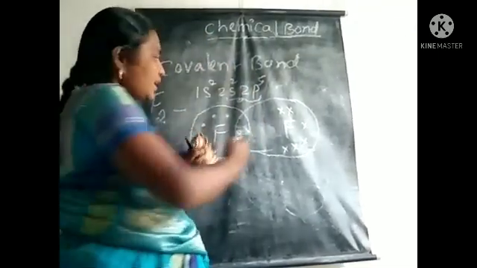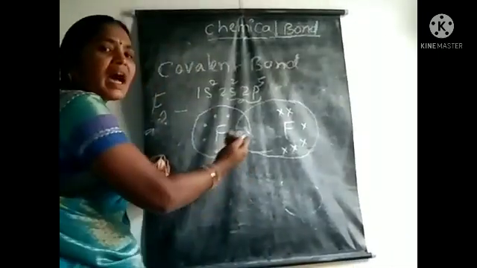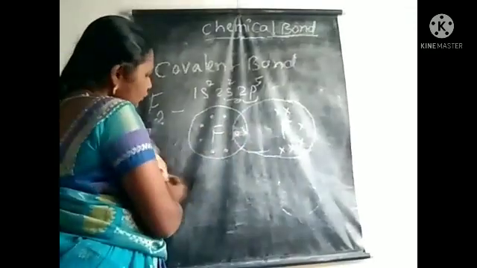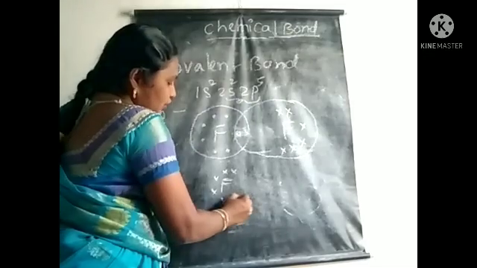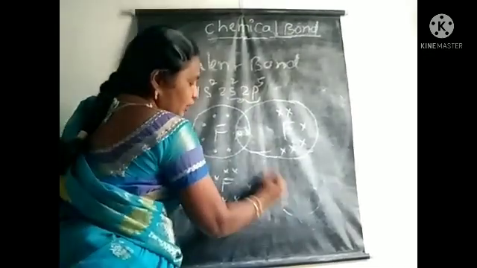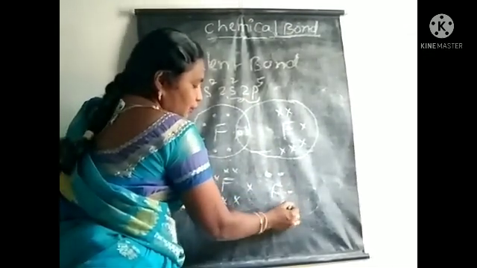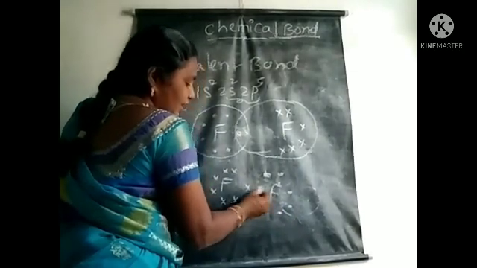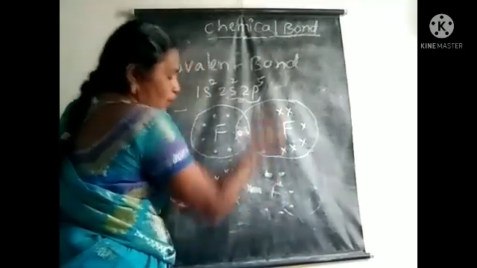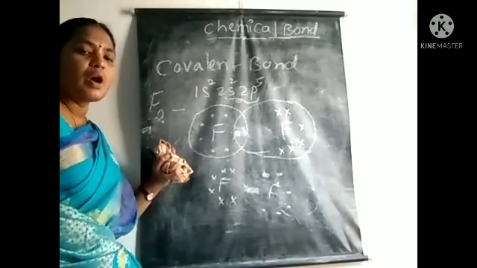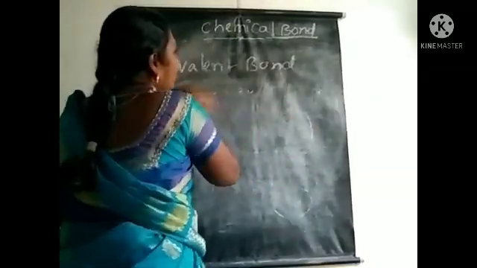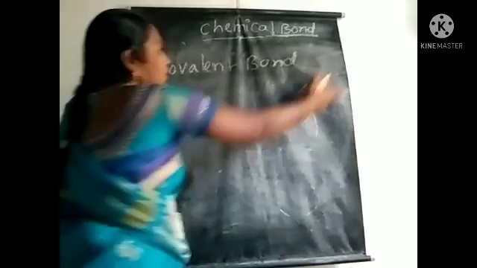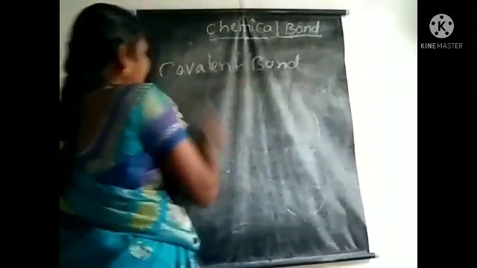Here we take another example: fluorine 1, 2, 3, 4, 5, 6, 7, another fluorine 1, 2, 3, 4, 5, 6, 7. Here the bond is formed. Okay, let us observe oxygen. In oxygen also, covalent bond is there.